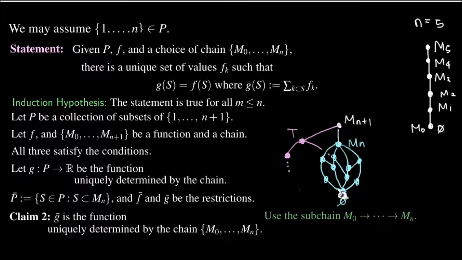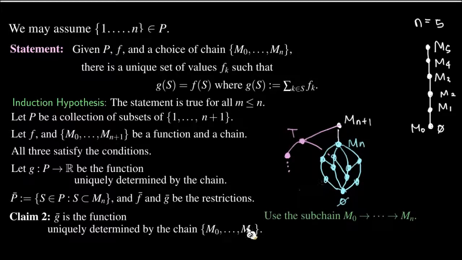So I'd like to claim that the function G tilde, determined by this choice of subchain for the shorter length in this statement, actually agrees with the restriction G bar that we're inheriting from the upper level case.